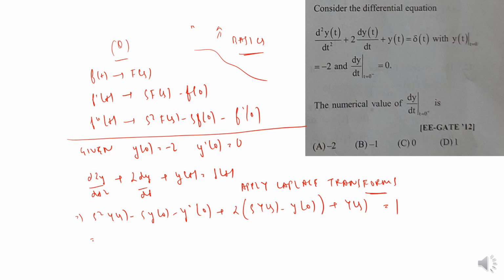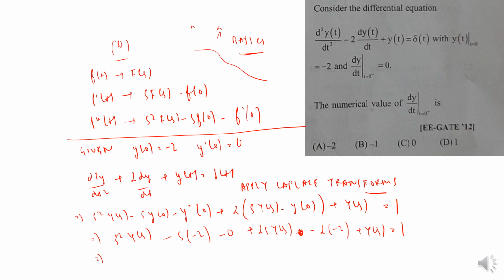Now let us put the values in. s square into Y of s minus s into y of 0, which is minus 2, minus 0, plus 2s into Y of s minus minus 2, plus Y of s is equal to 1.